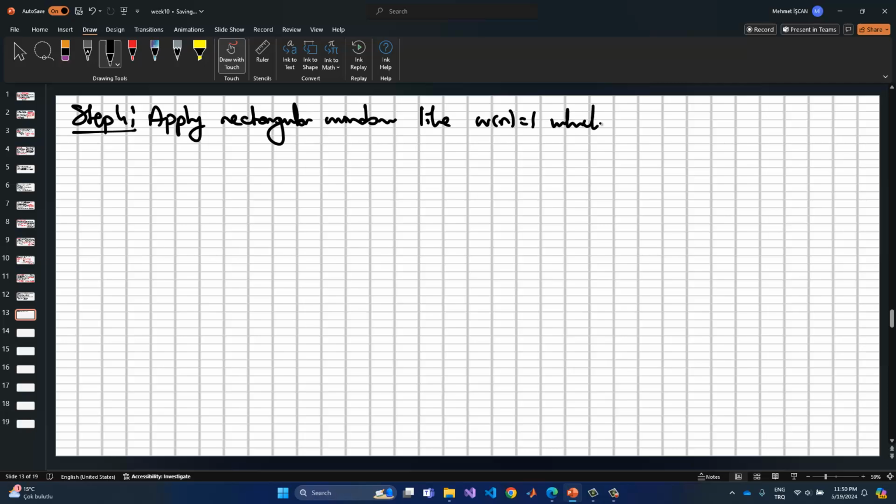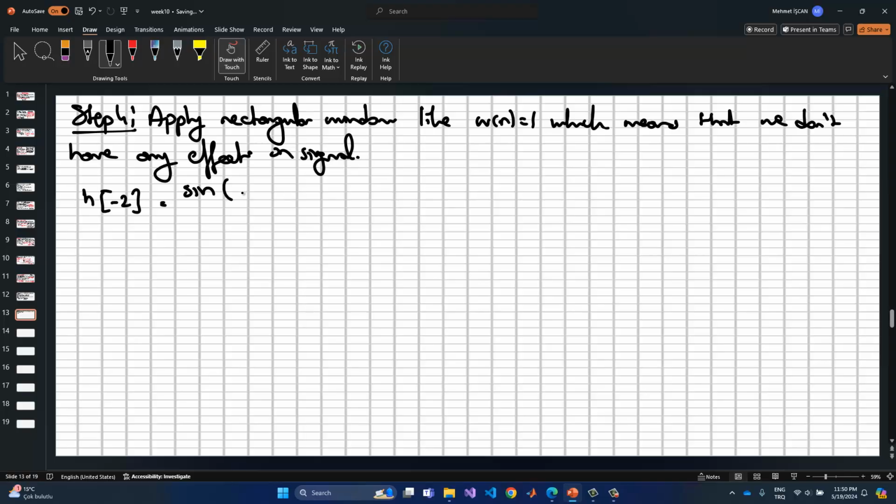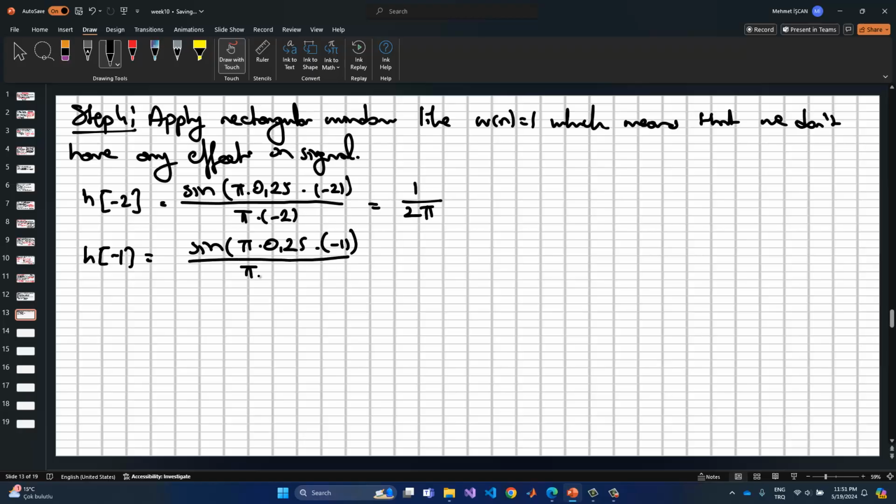This is the simple case, which means that we don't have any effect on the signal. In this case h(minus 2) is built with sin(pi times 0.25 times minus 2) divided by pi times minus 2, which equals 1 divided by 2 pi. And h(minus 1), in the same case, is 0.25 with minus 1 divided by pi times minus 1, which equals 1 divided by square root 2 times pi.